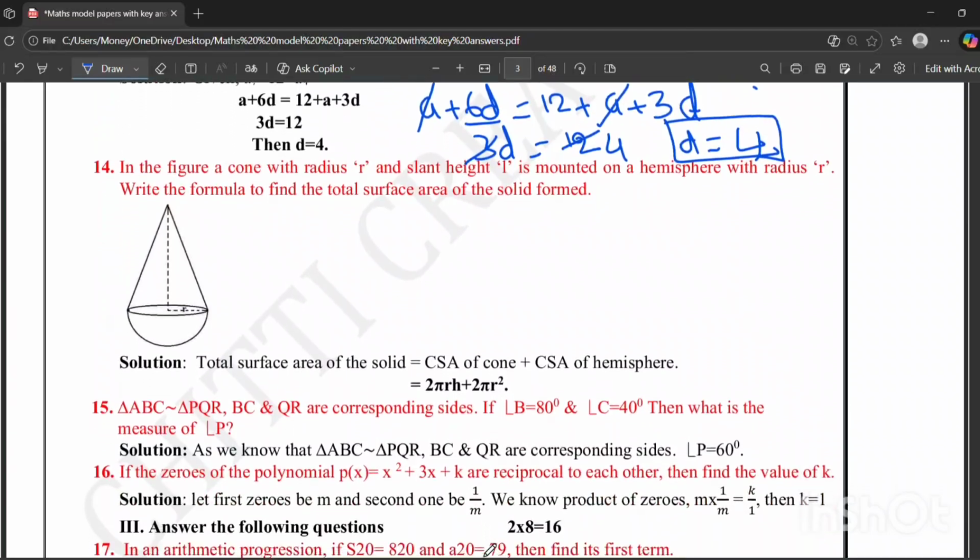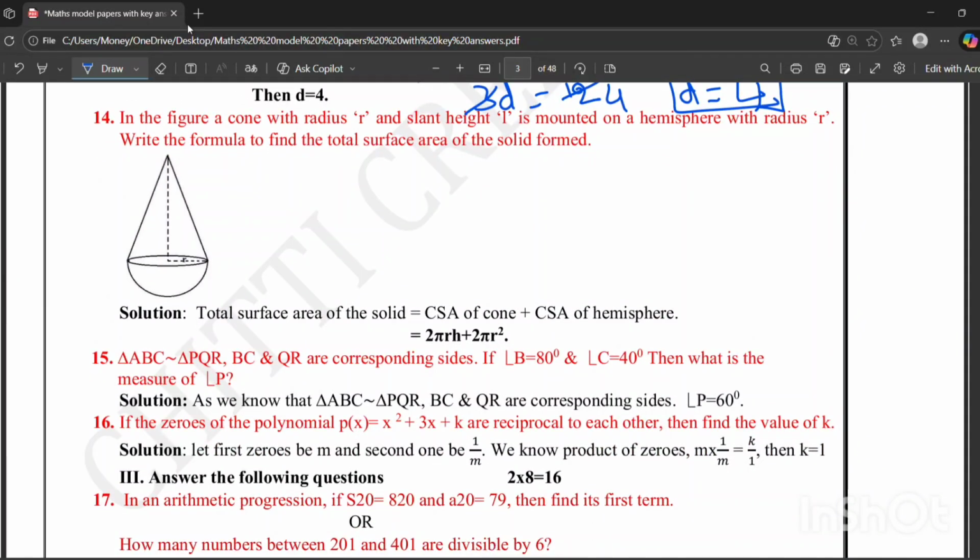Next, 14th question. In the figure, a cone with radius R and slant height L is mounted on a hemisphere with radius R. Write the formula to find the total area of the solid form. See, this is our cone and this is hemisphere.